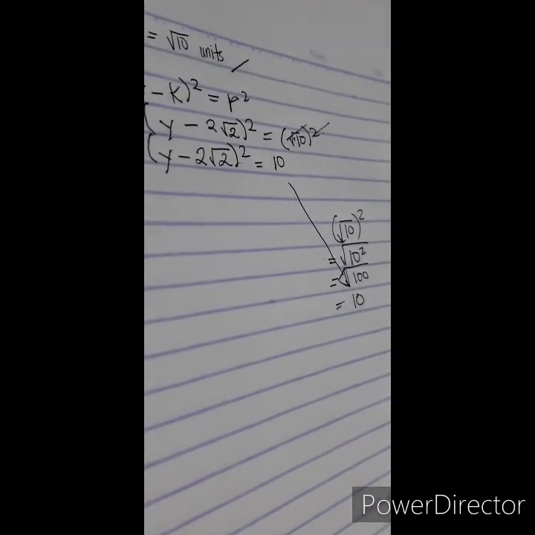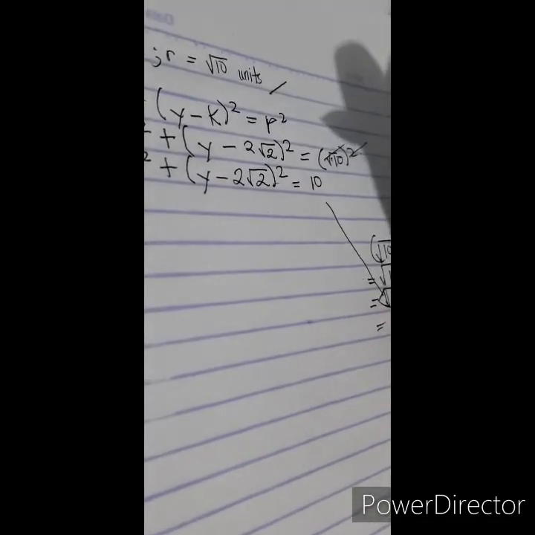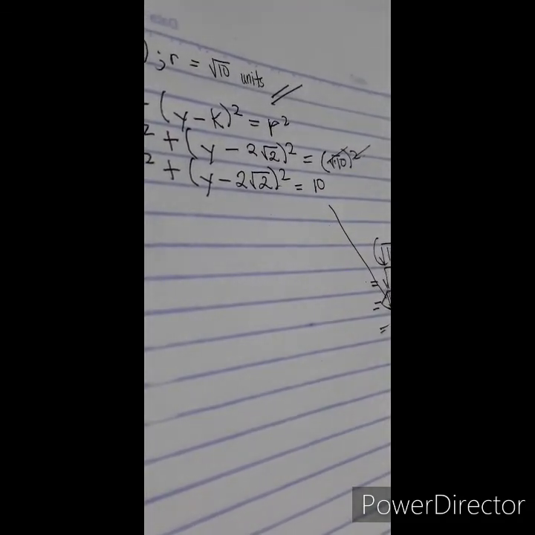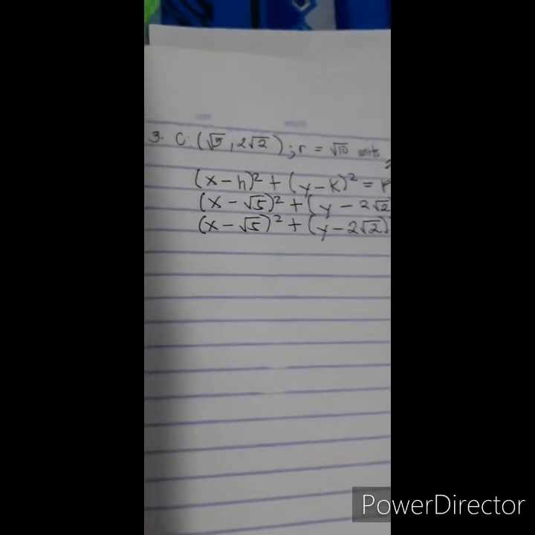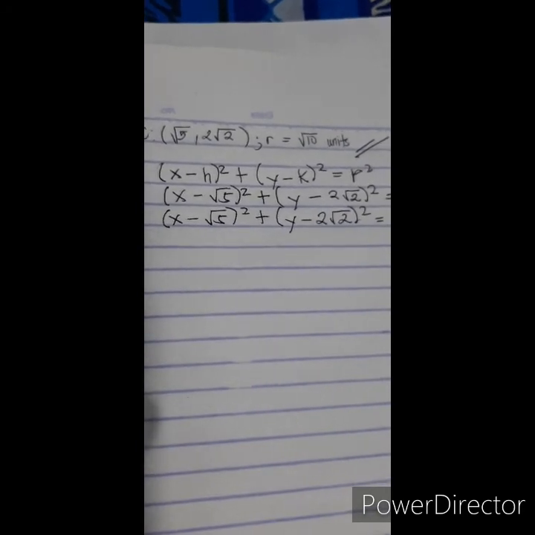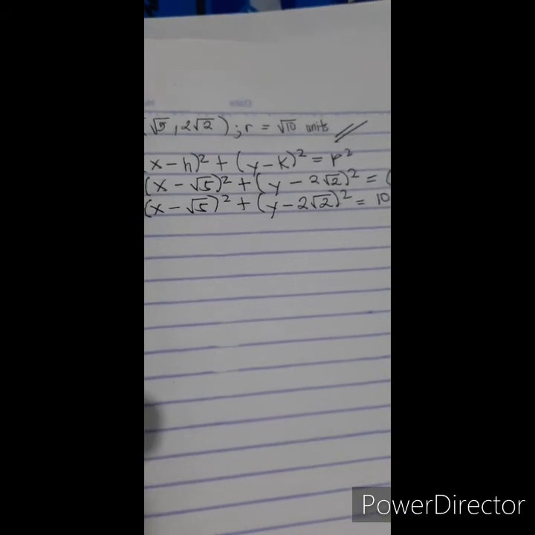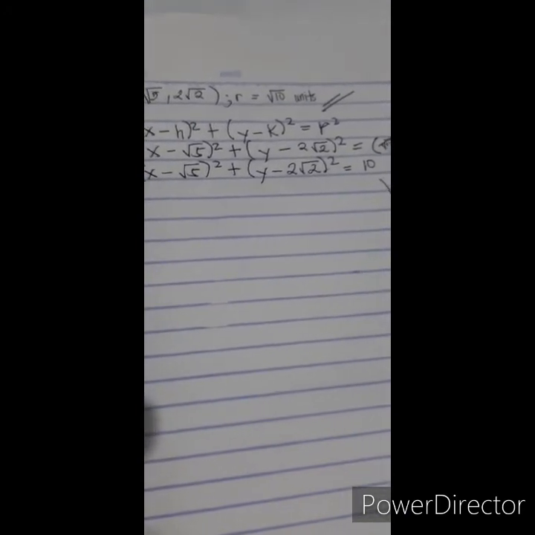So they are the same. Therefore, the standard form of the equation of this circle is the quantity of x minus square root of 5 squared plus y minus 2 square root of 2 squared is equal to 10.